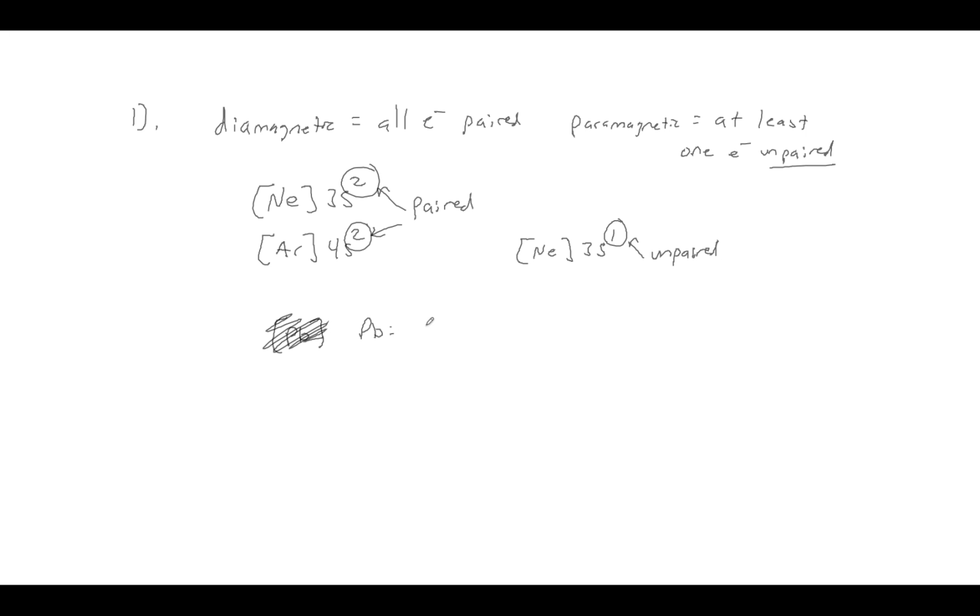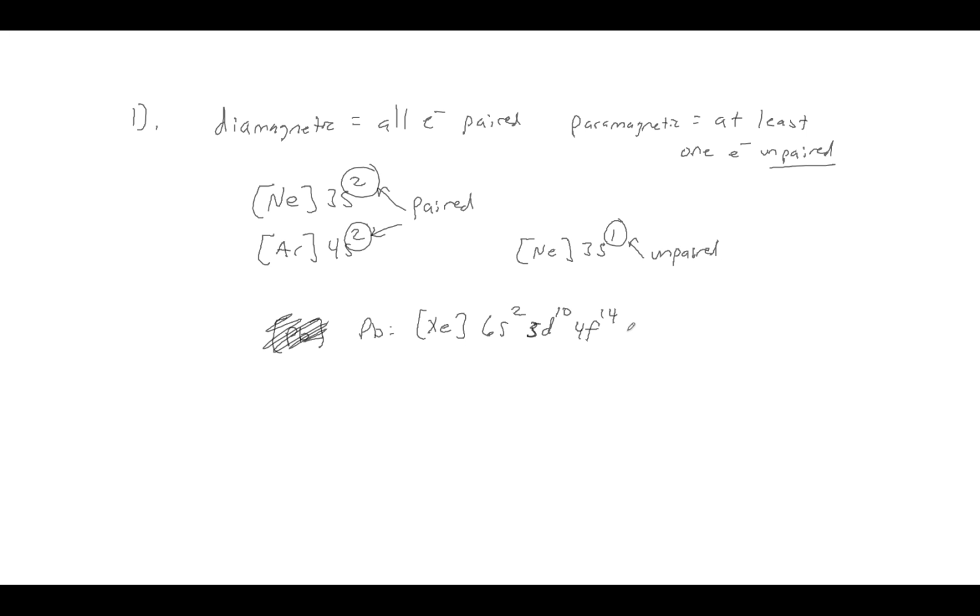Pb should be, if we look over here, xenon, and we've got 6s2. We have 5d10, and we have 4f14, right?